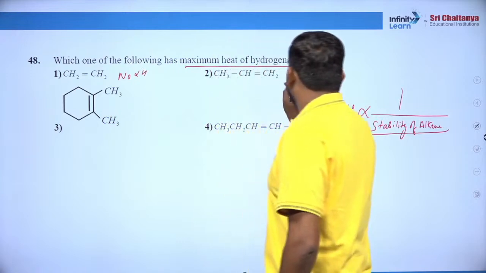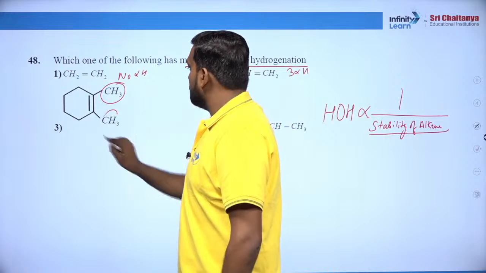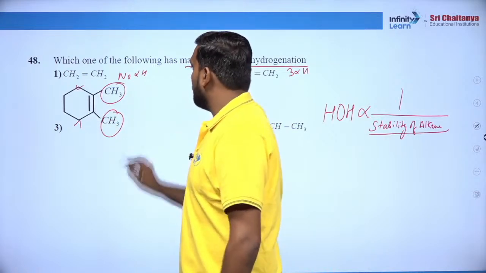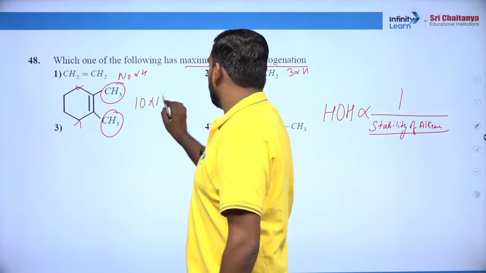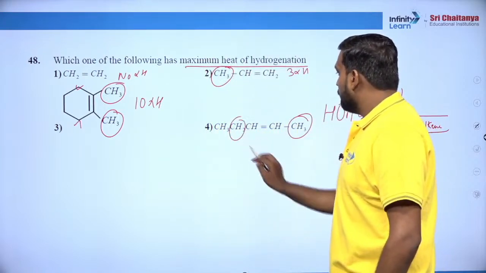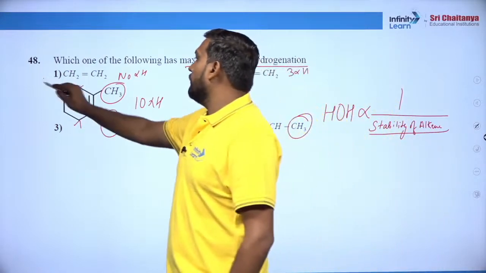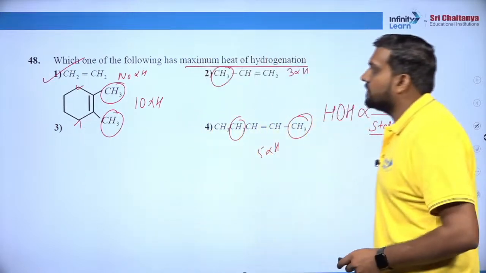This one has basically 3 alpha hydrogens, this 3, and 2 of them are here, 2 of them are here. So 10 alpha hydrogens are present in this. Going for this species, 3 and 2, 5 alpha hydrogens are there. So the least stable is option number 1. That's why the correct answer is option number 1.